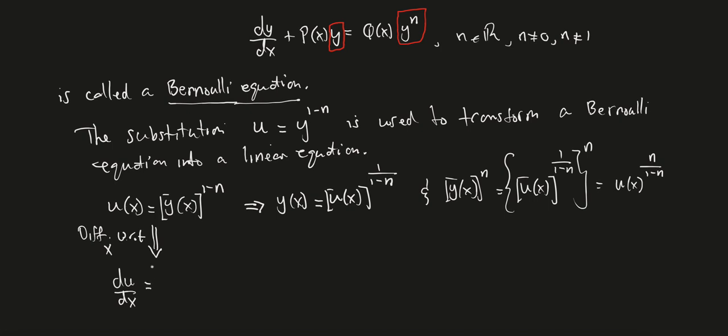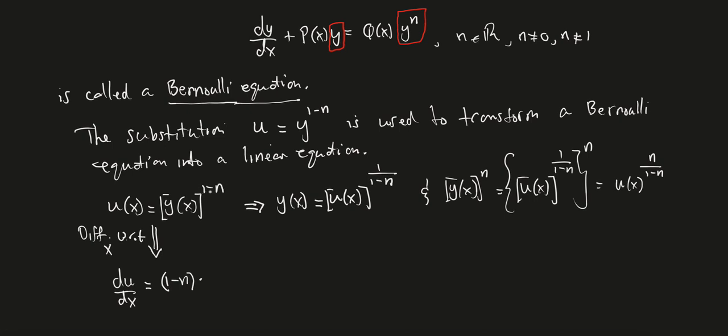And on this side, because y is a function of x but it's raised to this power, we have to use the chain rule. So we bring that power down: 1 minus n, that quantity, times y with the power reduced by 1.